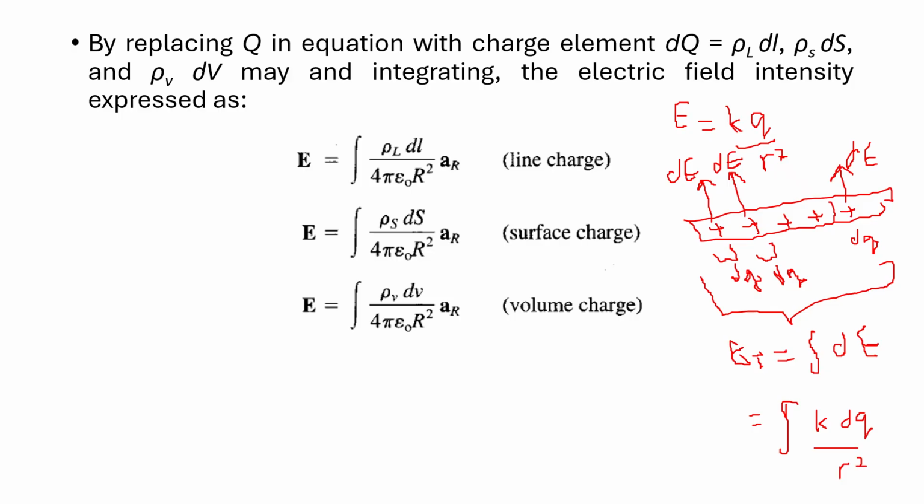Then from here you have dq, the distribution of charge. From the previous lecture we already stated that dq equals the charge density over the line, for the case of this line charge.